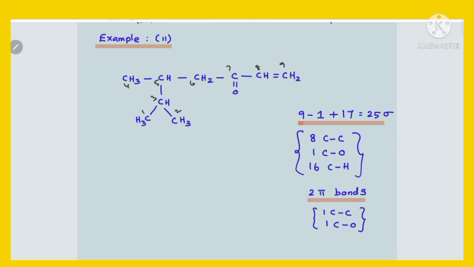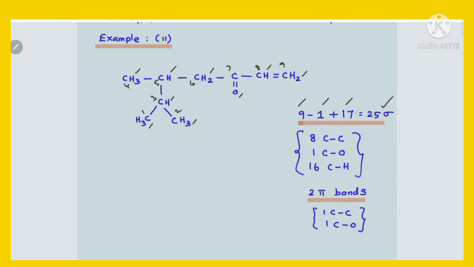The total number of carbon atoms is 9, minus 1, plus the total number of other atoms. Here we have hydrogen and oxygen as other atoms. Here 3 plus 3, 6, 7, 10, 11, 13, 14, 15 plus 2, 17. The total number of other atoms is 17. 17 plus 9, 26, minus 1, 25.